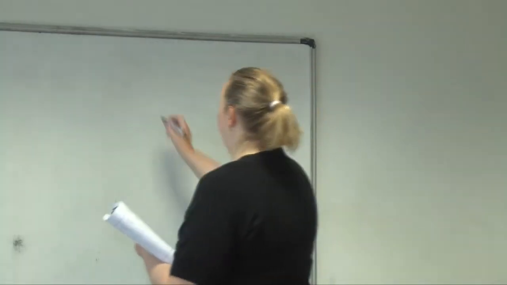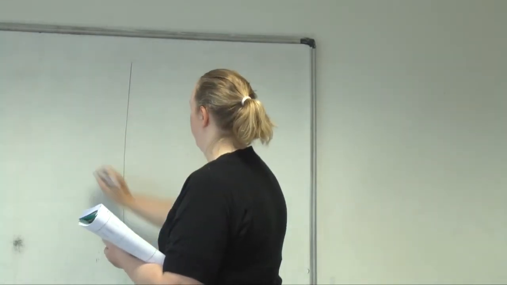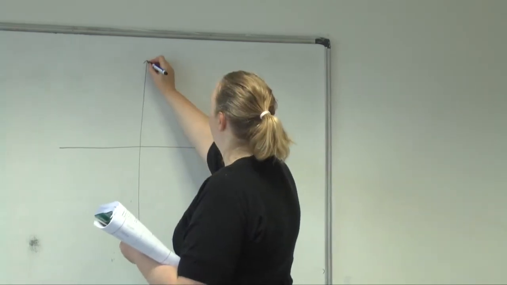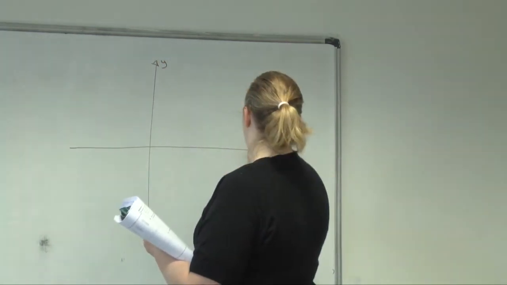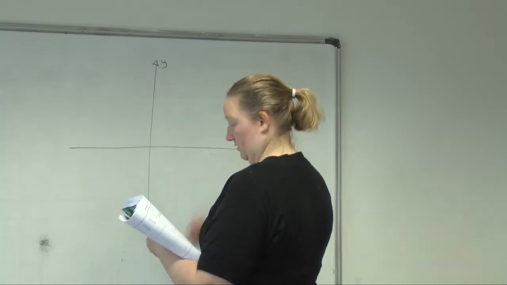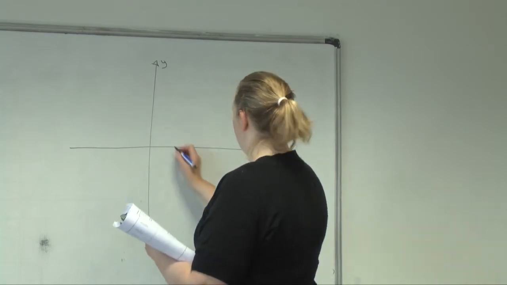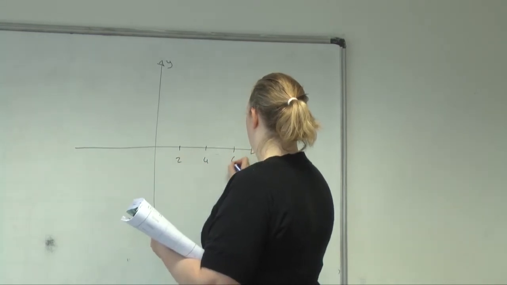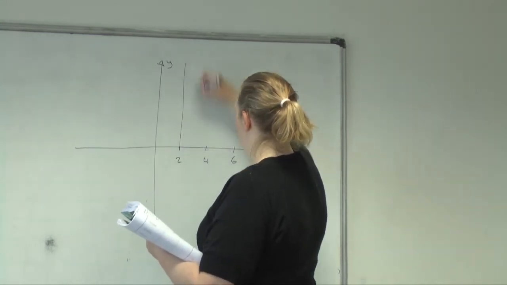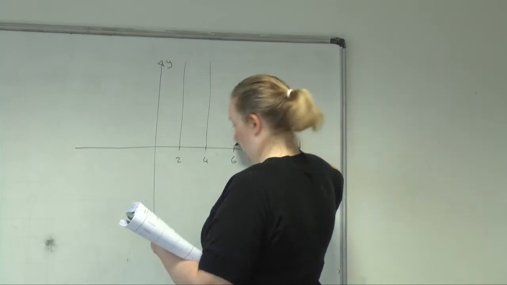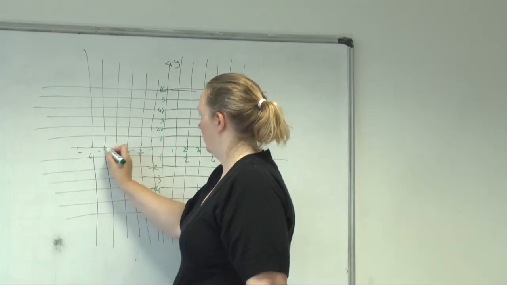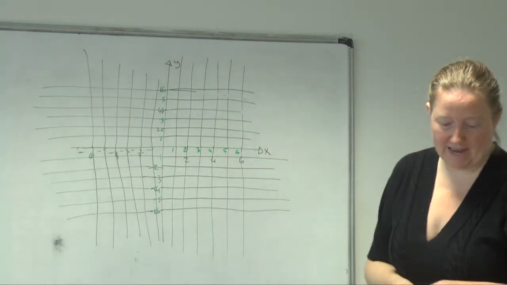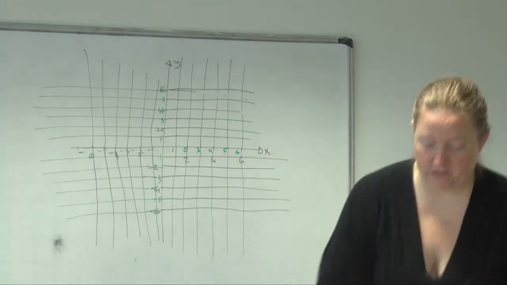So they give you a diagram, an X and Y. First thing they ask you to do is plot the points A, B, and C on the diagram.